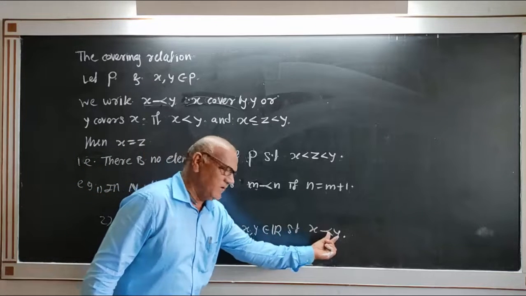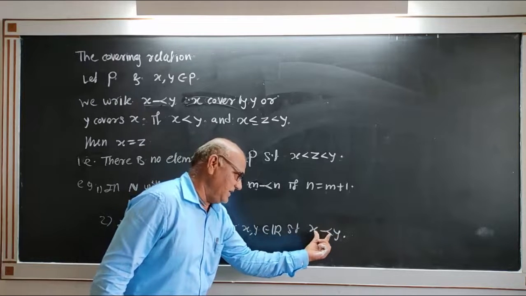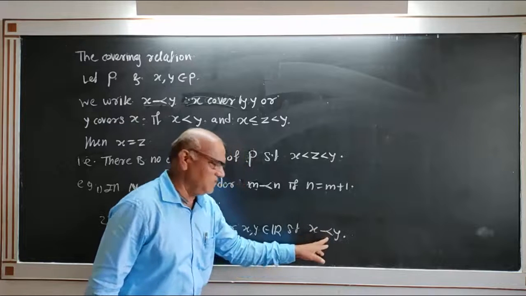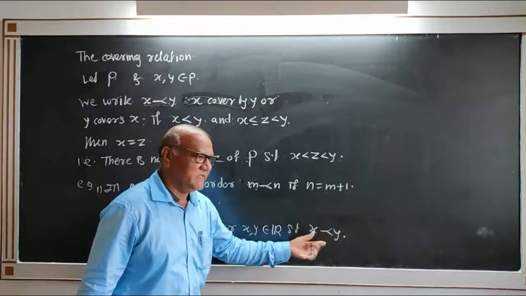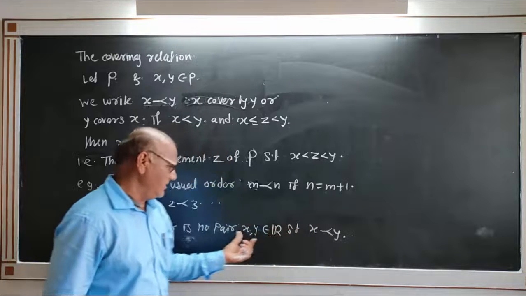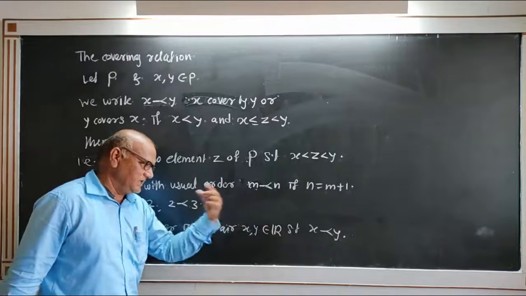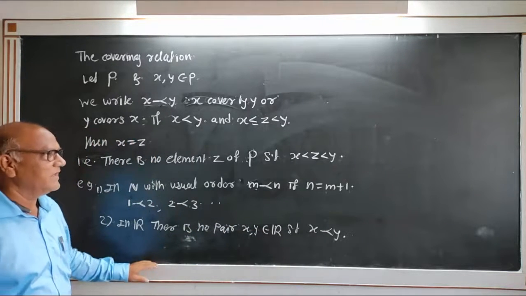If x is a real number and y is a real number, then in between x and y there is again a real number. That means there is no pair x, y such that x is covered by y in R.